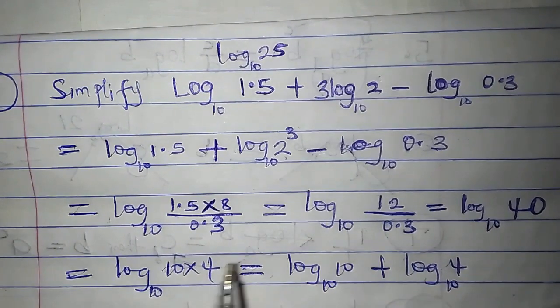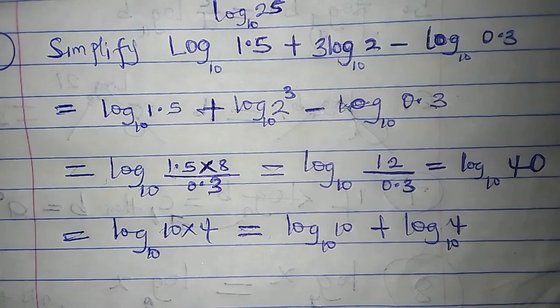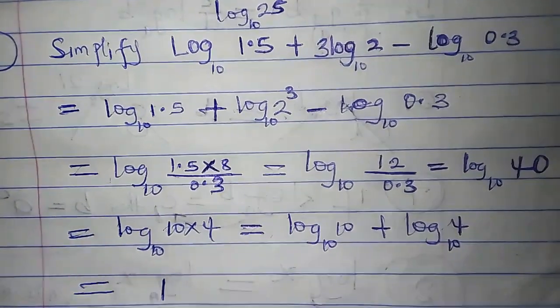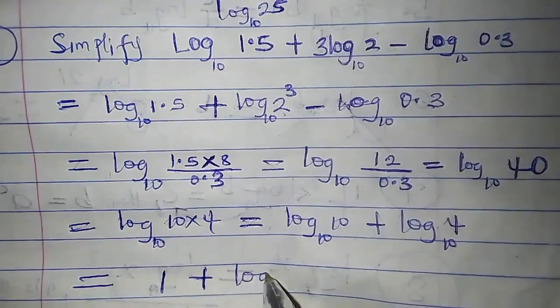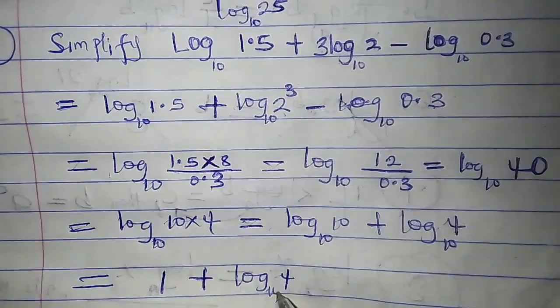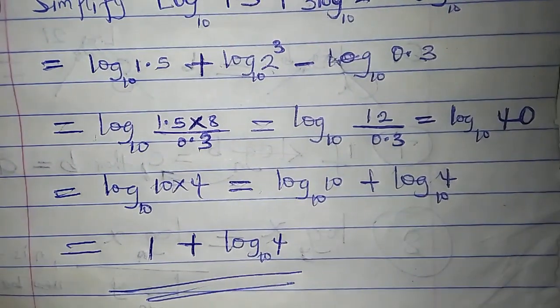So I can also go the reverse way. Log 10 base 10 is 1. That I know, because the log and the number are the same. So this is simply 1 plus log 4 to base 10. So this is the answer, finally.